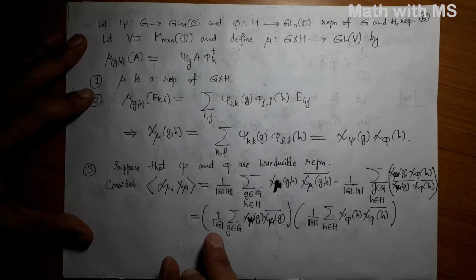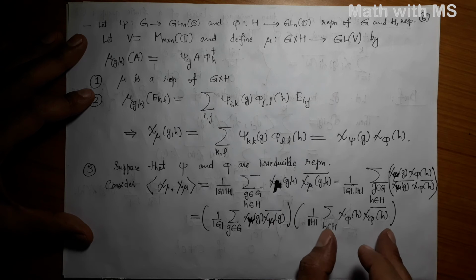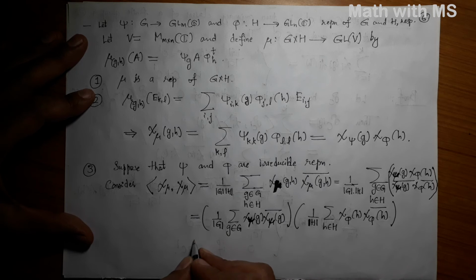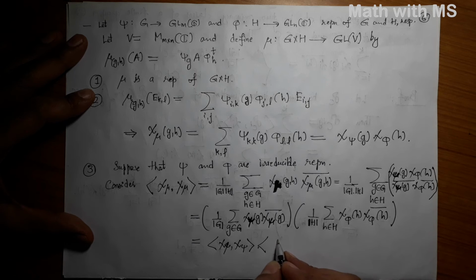This is simply 1 by order of the group G, summation g in the group G, chi psi of g into chi psi of g bar, and the second term is analogous for the group H. But what is this? This is just the inner product of chi psi with itself, and this is just the inner product of chi phi with itself.